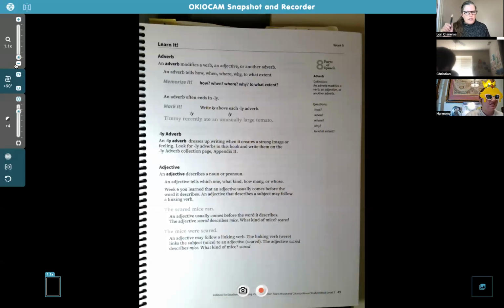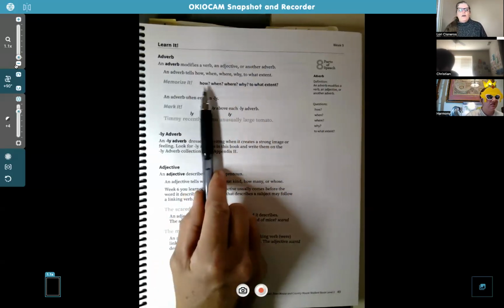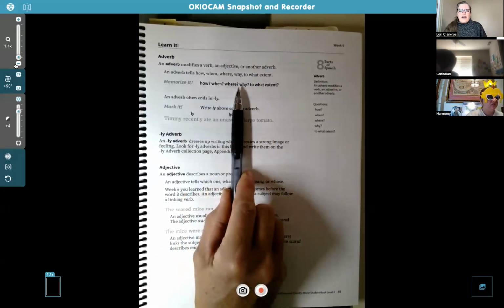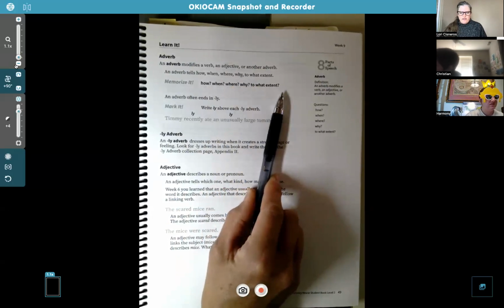So when you hear adverb, think about verb. And then you're going to look at that verb and ask these questions: how, when, where, why, and to what extent. A lot of times those adverbs end in ly, and that's what we're doing in our writing. So that's the super easy peasy cheesy one, right? And sometimes they don't always end in ly, but that's mainly the way they are.